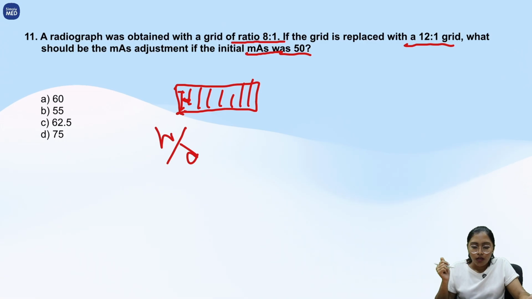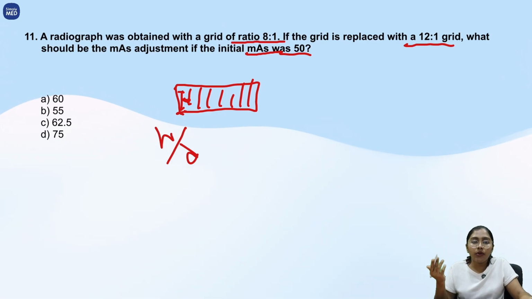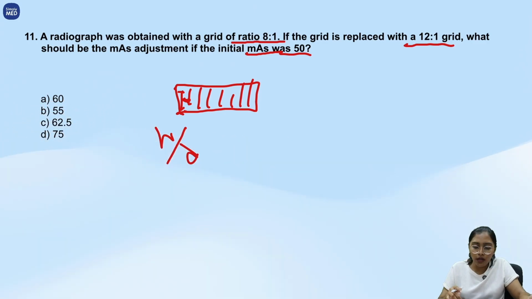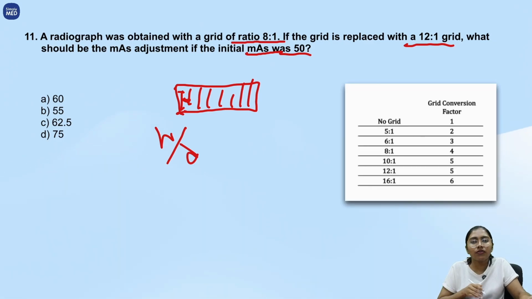So if I'm changing a low ratio grid to a high ratio grid, I will have to increase the mAs. How much I have to increase the mAs is given by the grid factor. Now let's learn the grid factor for each grid. If there is no grid, the grid factor is 1. If we introduce a 5 is to 1 grid, the grid factor is 2.